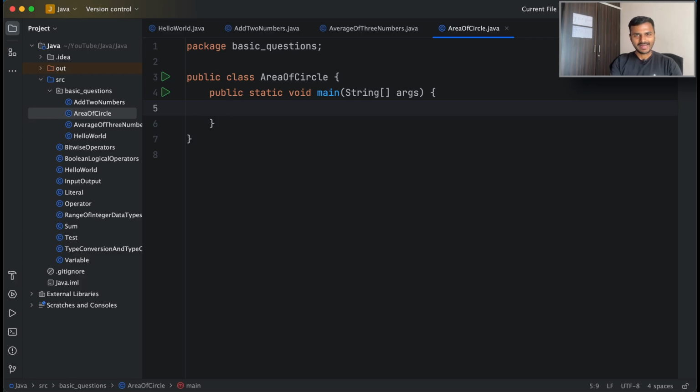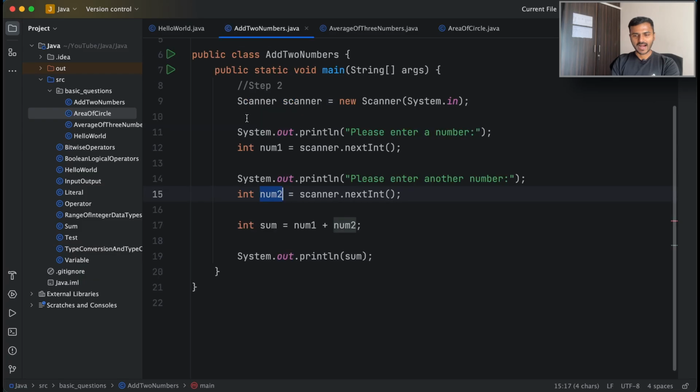Now r is the radius and radius could either be an integer or a decimal number. So to be on the safer side, we will take float and we'll say float radius. And let's put a random value over here. Let's say we put 3.5f. This f over here is because 3.5 without an f will be treated as a double literal. If we put an f over here, this will be treated as a float literal.